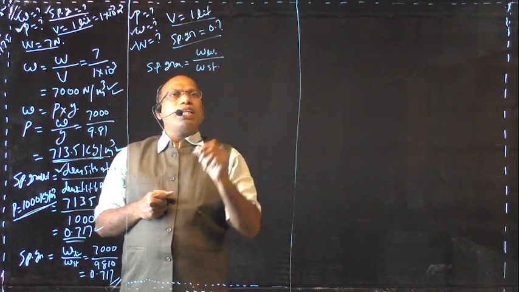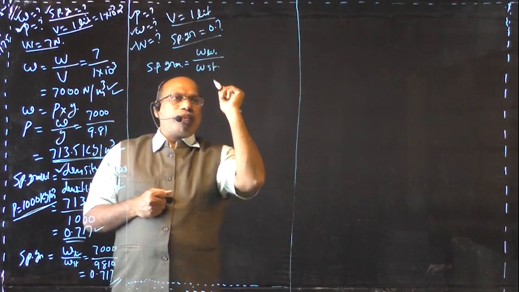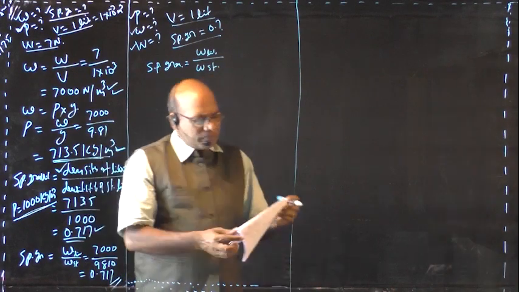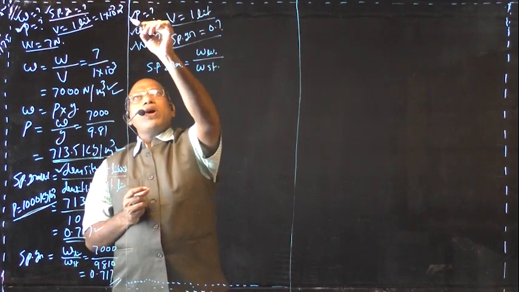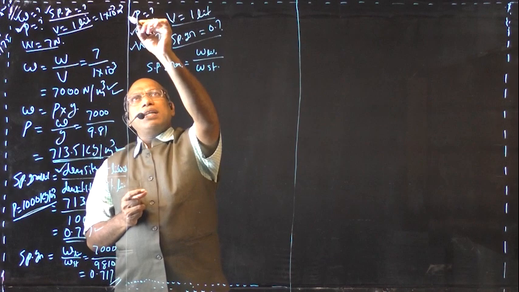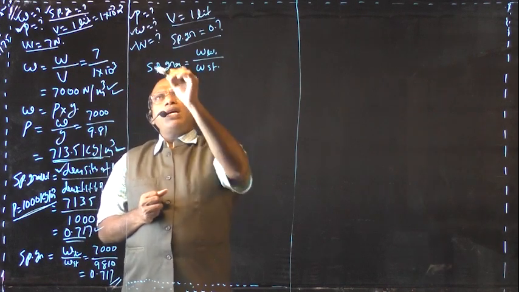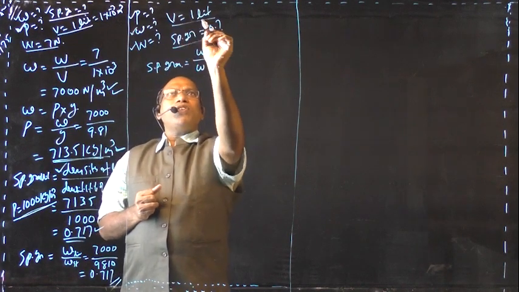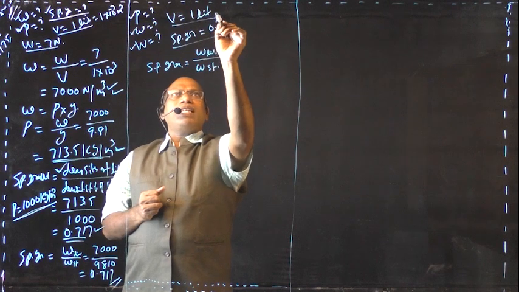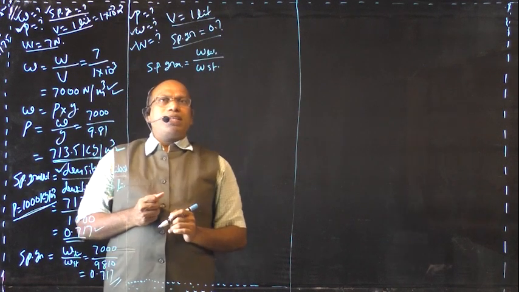In this problem the liquid is petrol. Now we are going to determine the density of the petrol, unit weight of petrol and weight of the petrol. The petrol volume is given, that is 1 liter, and also specific gravity is given, that is equal to 0.7.